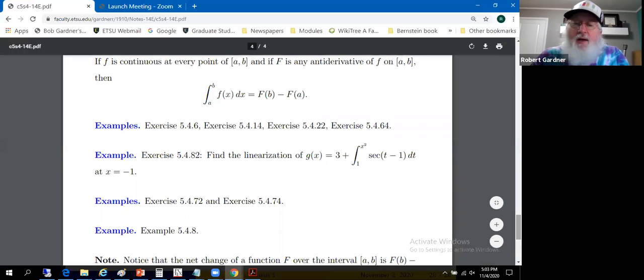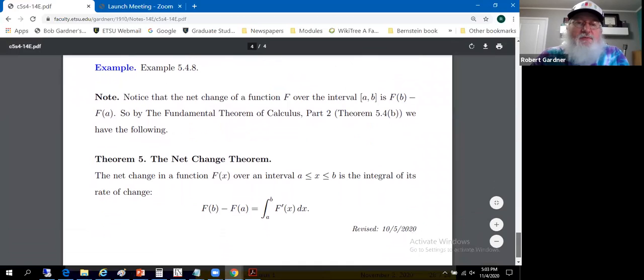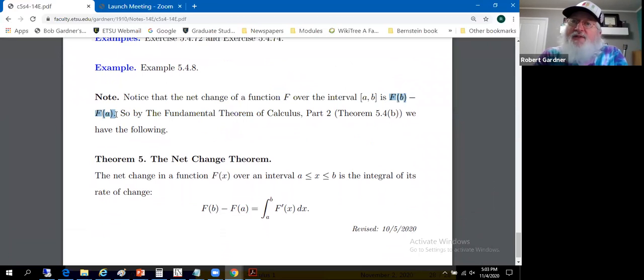There's one final comment from this section. I'll just mention the net change of a function. The net change of a function capital F over the interval [a, b] is defined to be F(b) minus F(a). It's where the function stopped minus where it started. The fundamental theorem of calculus part 2 allows us to express that net change of a function as the integral of its derivative.